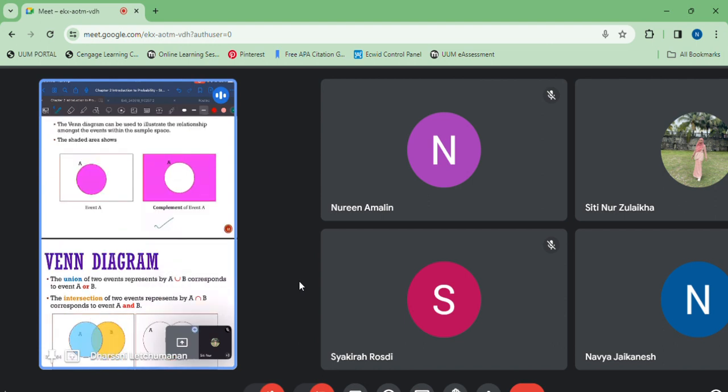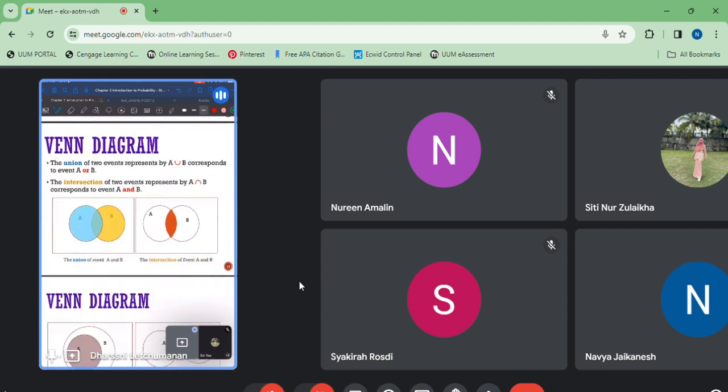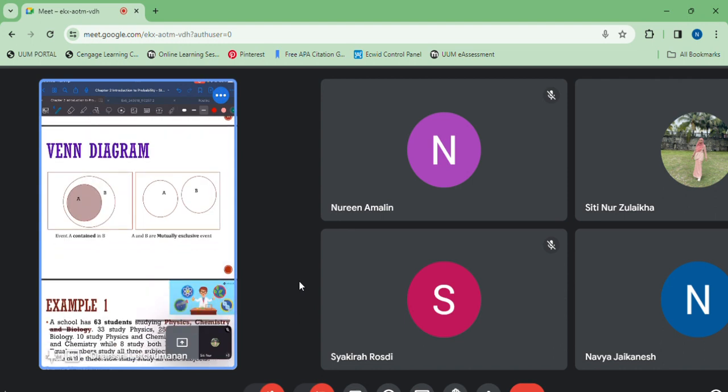Union is all the events and corresponds with the event A or B. Intersection is like this, and it corresponds to event A and B. This one is A contained. For us now it is contained, but last time it used to be a subset. B subset A means A outside, B inside.